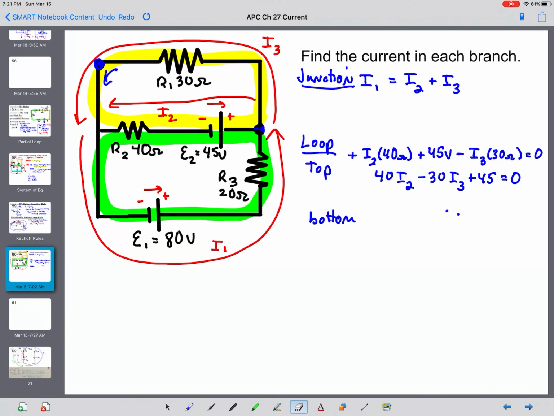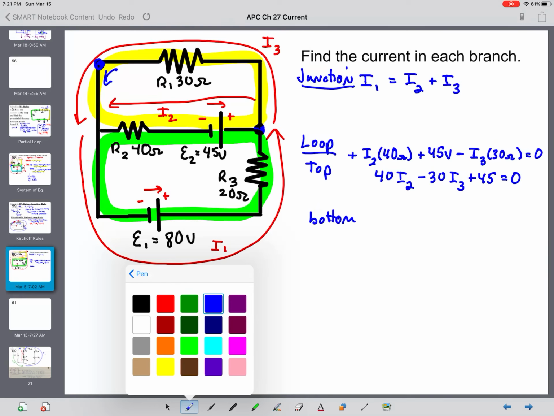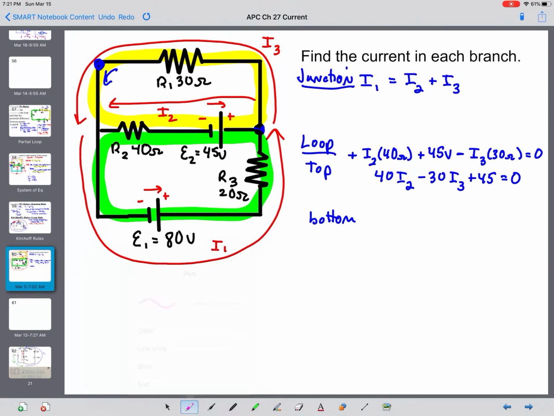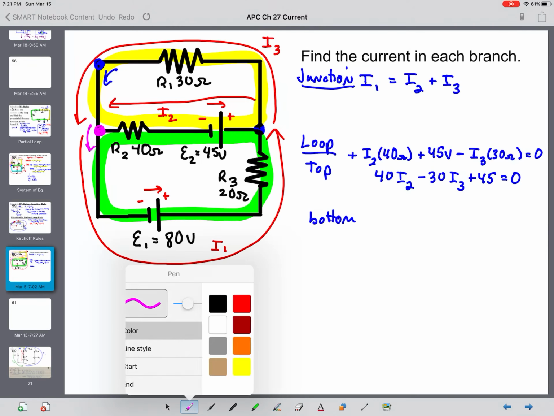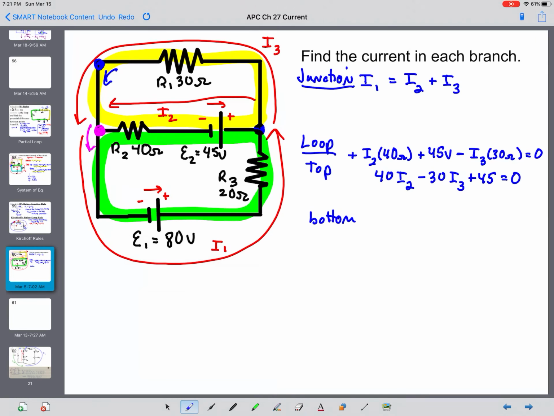On the bottom loop, let's see, we'll put a dot right there, and I'll go counterclockwise again across the green. So if we're doing that, I go down the left side, run into nothing.